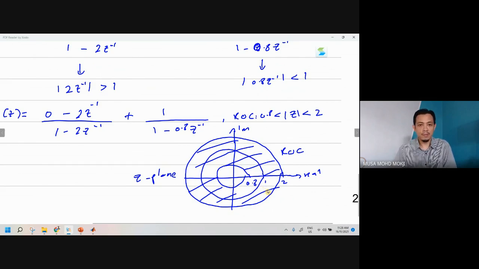Is this causal? Does it causal? So, okay, stability, we already know it. Does this system causal? So how to check that? How to check on the ROC? So please, someone. You need to check this ROC.